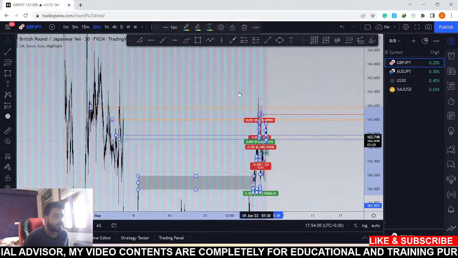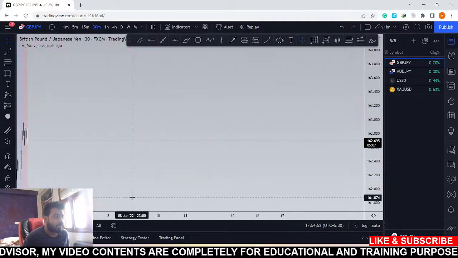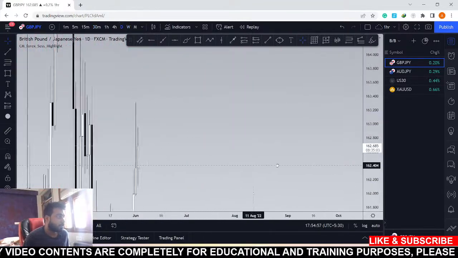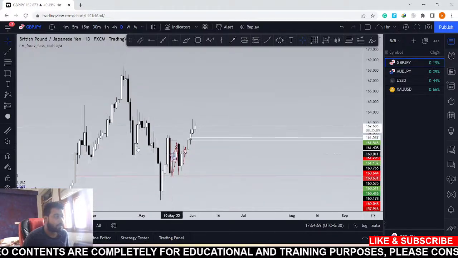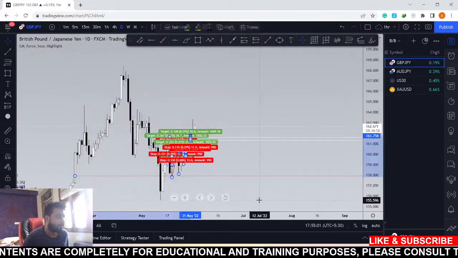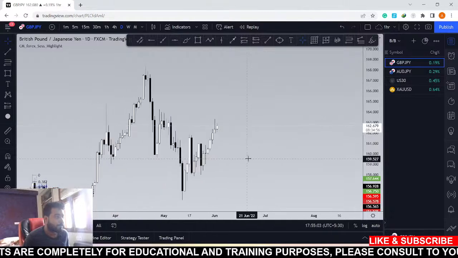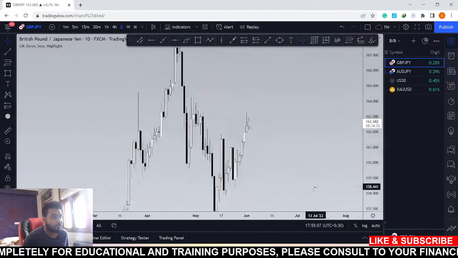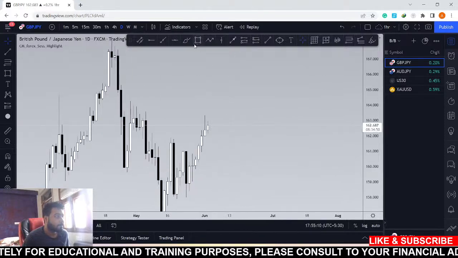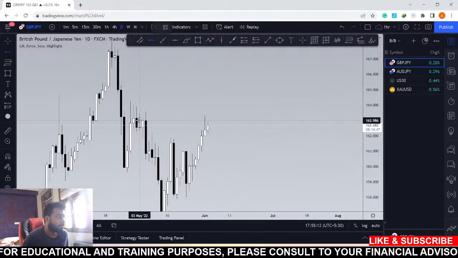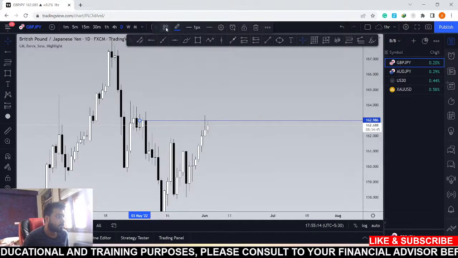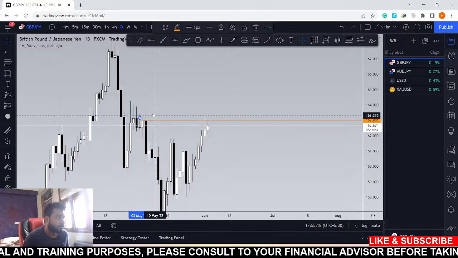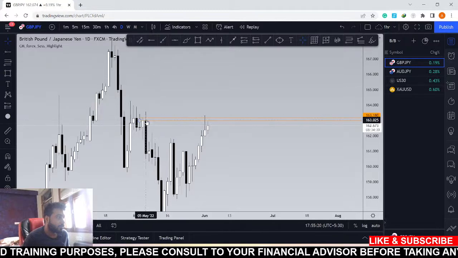Clean the previous all drawings so that you get the fresh chart. Because every day your analysis must be fresh. If I look at this area, we are having some daily resistance. I'm including this week.